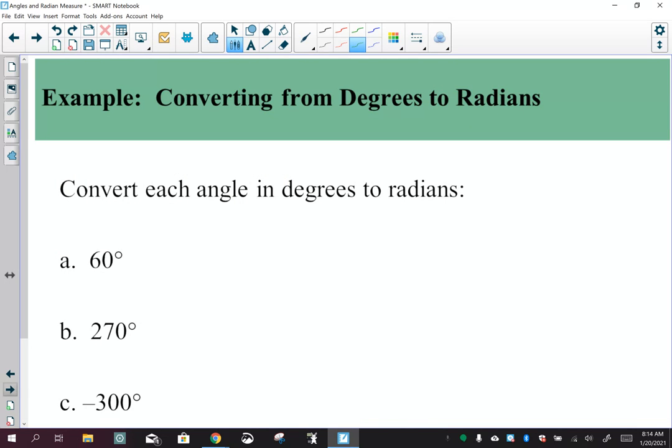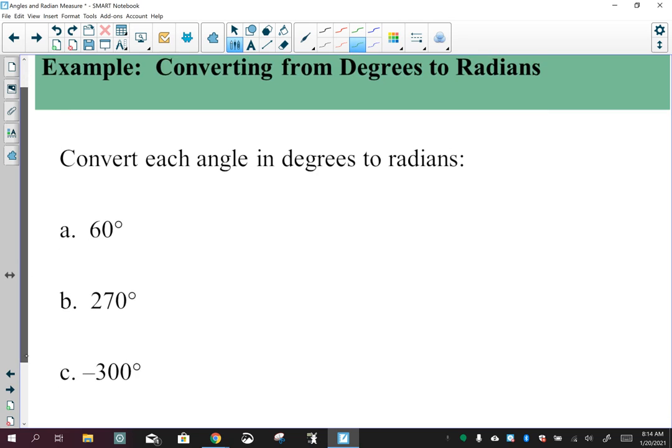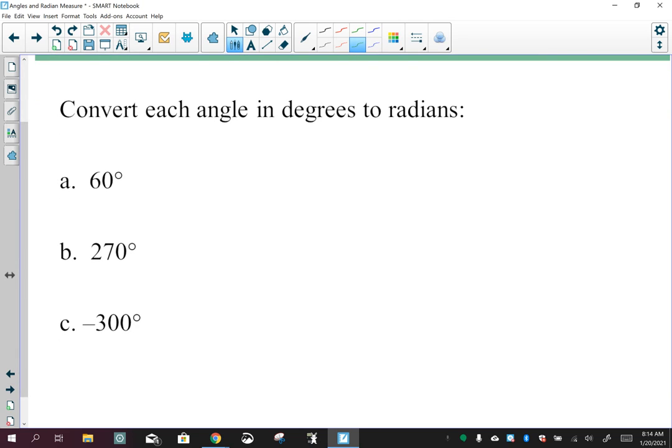So we're going to convert each angle. We're going to go from degrees to radians. So since I'm going to radians, I'm going to have pi on the top and 180 degrees on the bottom, because I am trying to get rid of the degree sign. On this first one here, I've got 60 degrees.